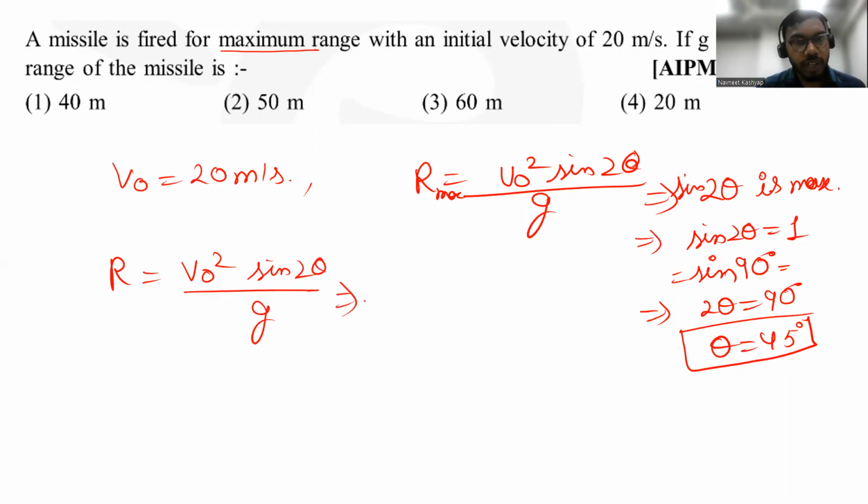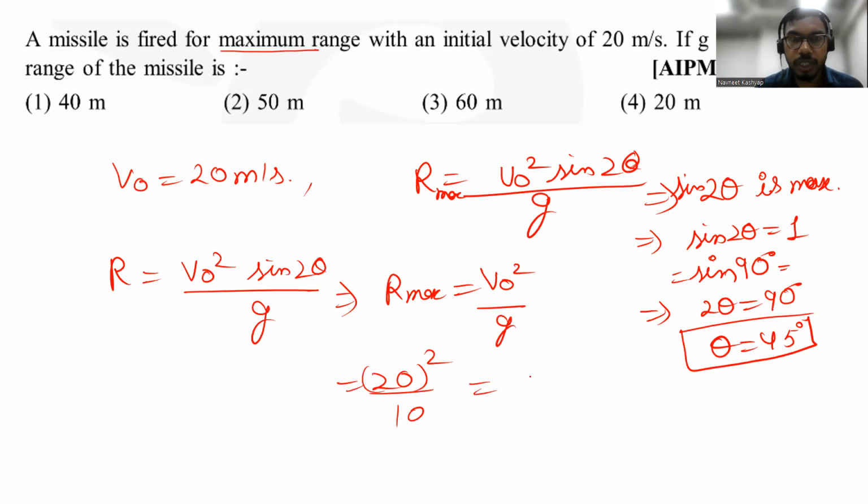In this case, whenever there is R maximum, we will always get v naught square by g, because sine 2 theta has to be 1. We put the values, 20 square by 10, which gives us 40 meter. So option number 1 is the correct answer.